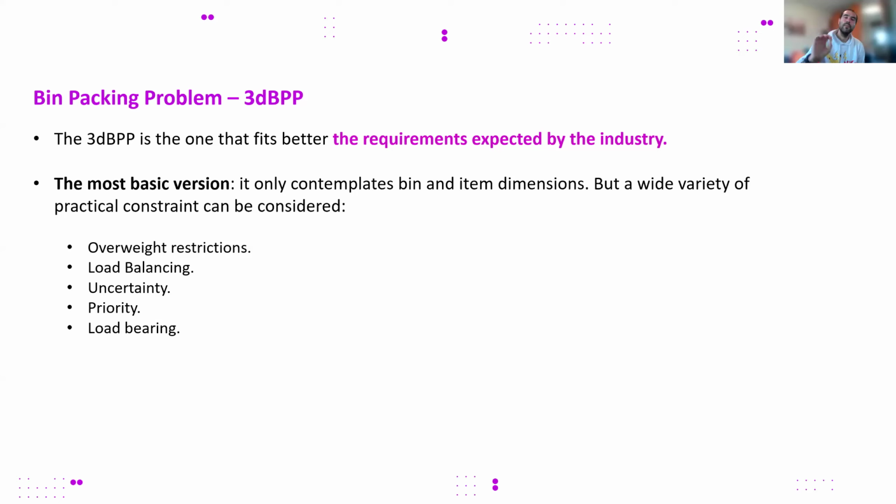But we can create a wide variety of variants if we contemplate different constraints, for example load balancing, priorities, or fragility of different kinds of packages. So depending on real-world characteristics, we can build different kinds of three-dimensional bin packing problems.